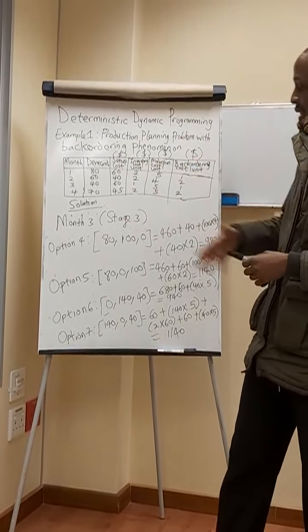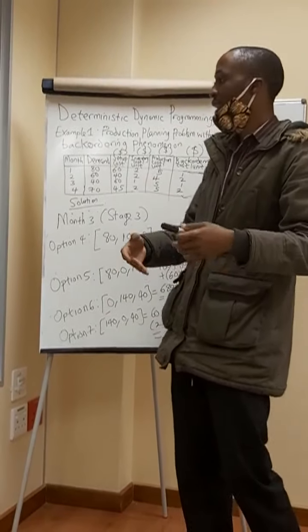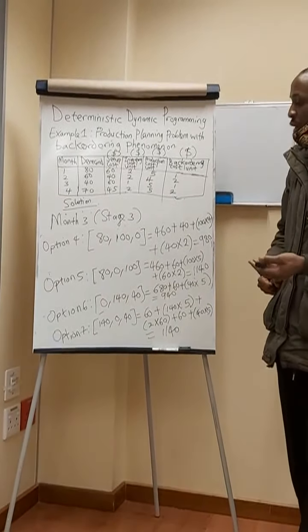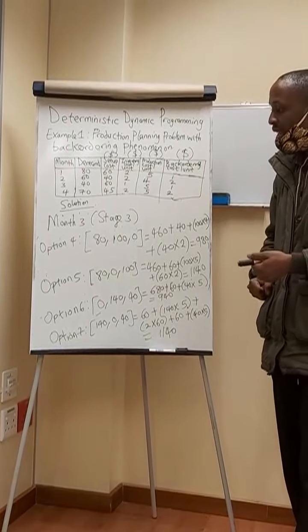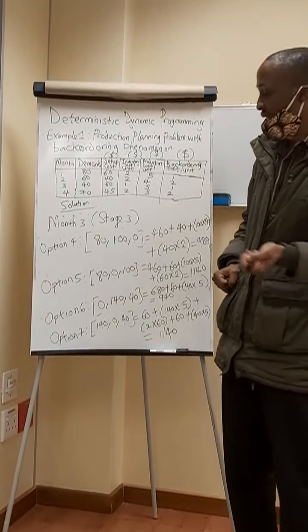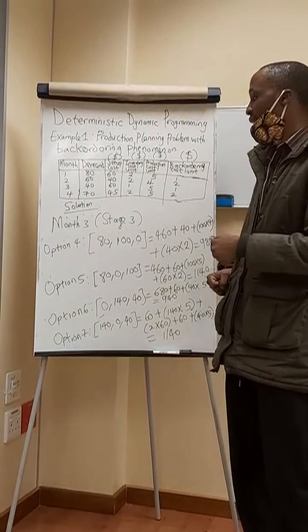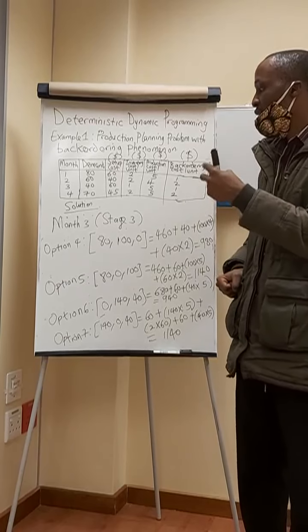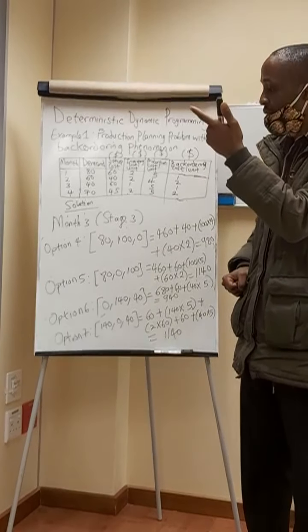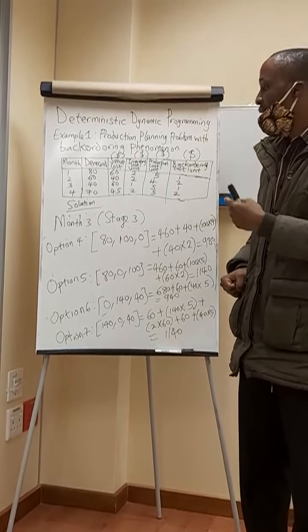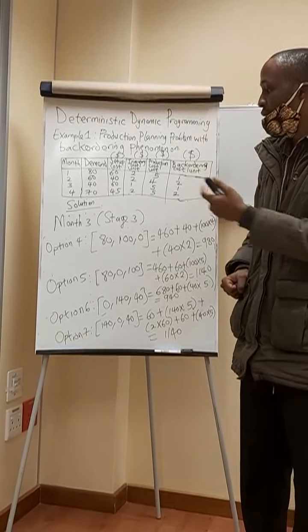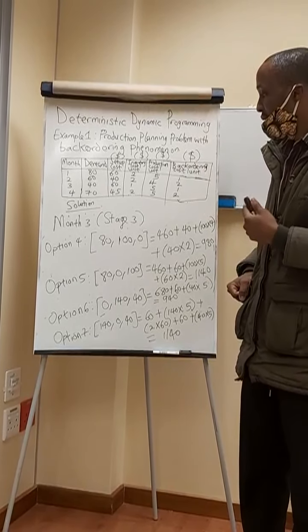So the other option we can think about, just like the previous example we did before lockdown, is to meet the demand of month 1 in the best possible way. And because we can use the solution that we got in stage 1, we can now consider it in this option to get the solution of this other option.